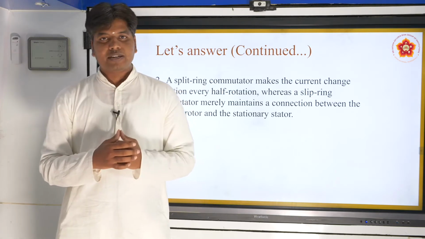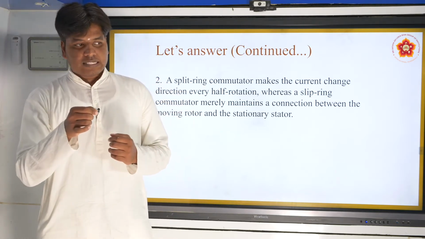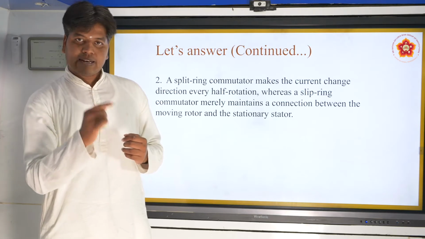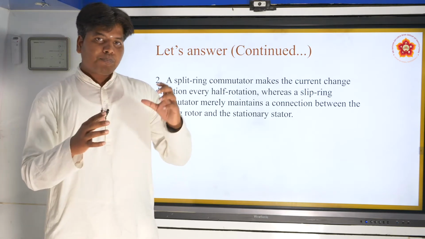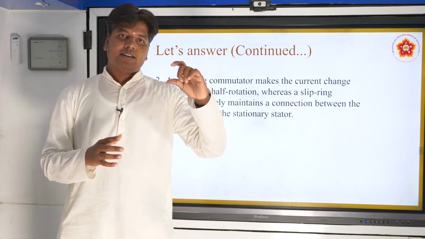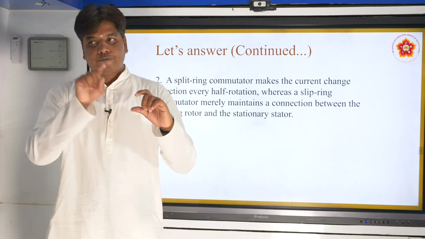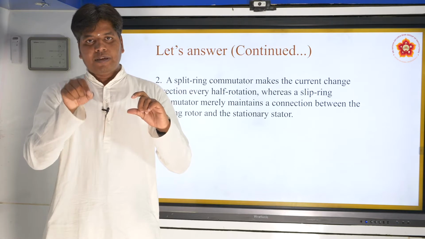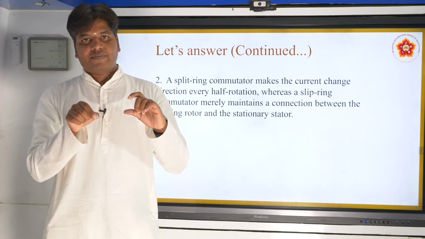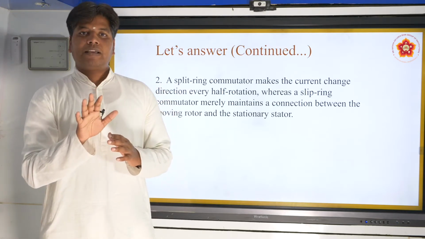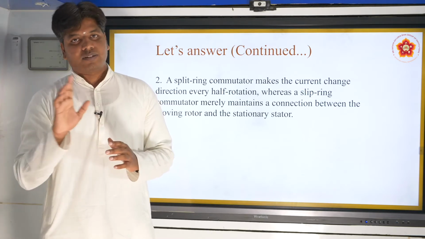After that, because this current carrying conductor produces a magnetic field, we put an external magnet around it and calculated the force experienced by the current carrying conductor, and that application we used in the electric motor.